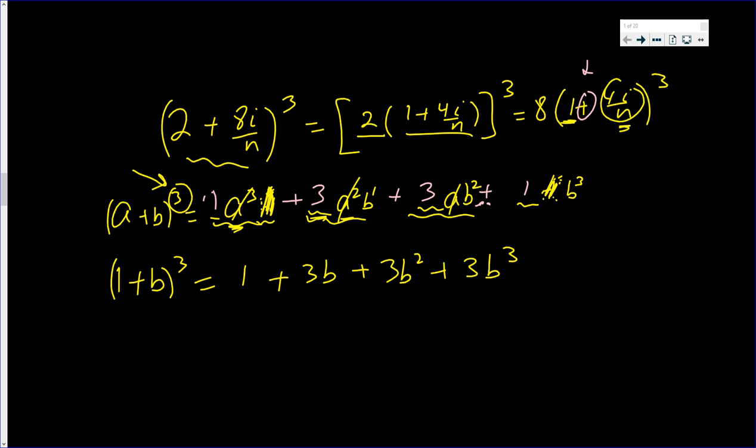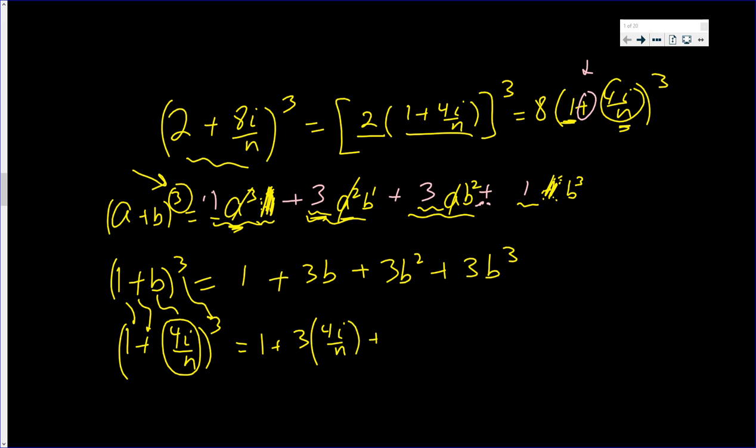Okay, so how much is (1 plus 4i over n) cubed? 1 cubed is 1, plus 3 times b, plus 3 times b squared, and then just b cubed, where that's b and I have to cube it.